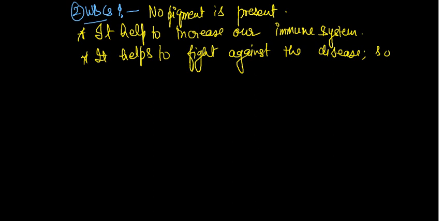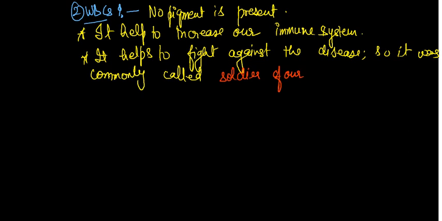So it is commonly called the soldier of our body. Like soldiers protect us, WBCs protect our body from infections. There are basically 5 types.